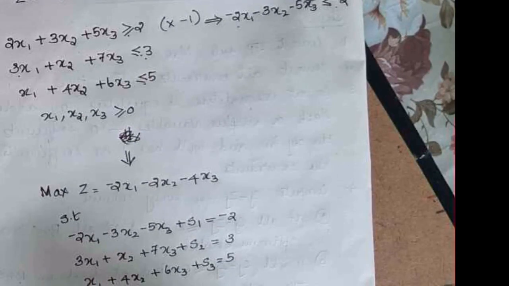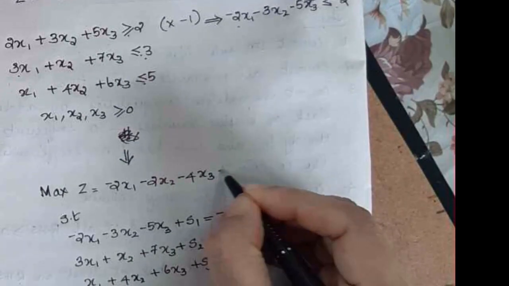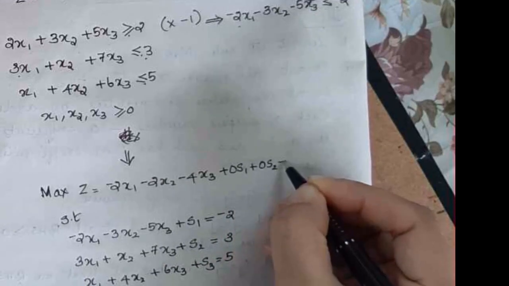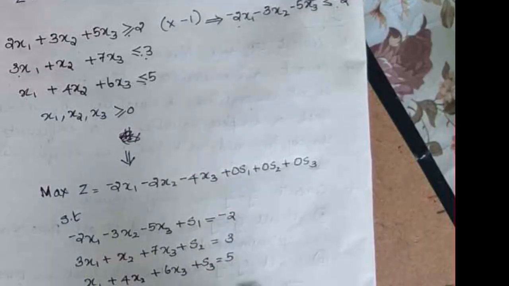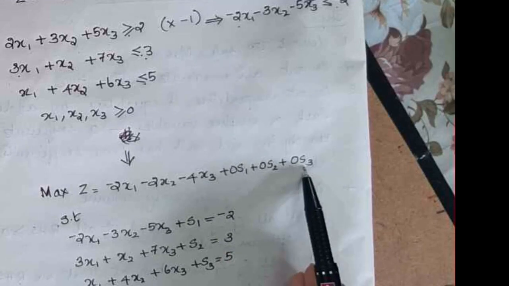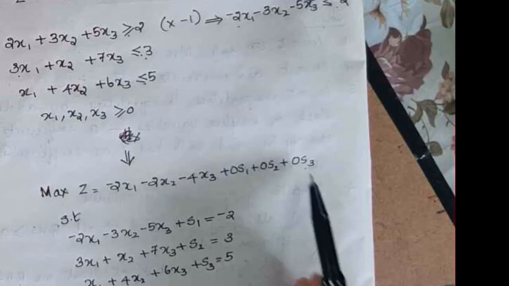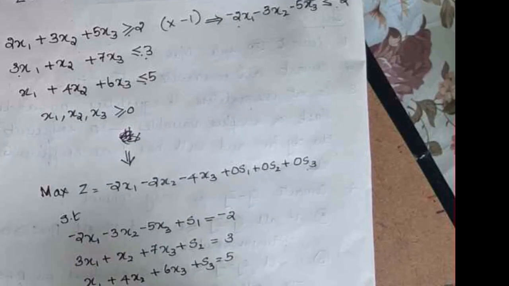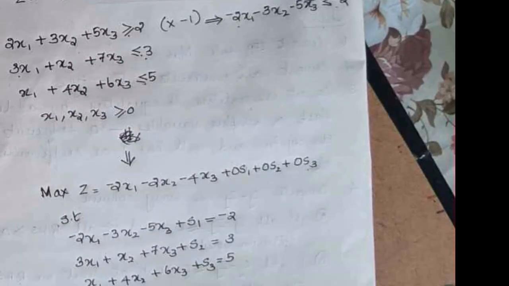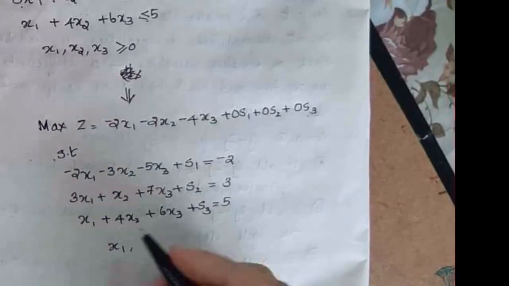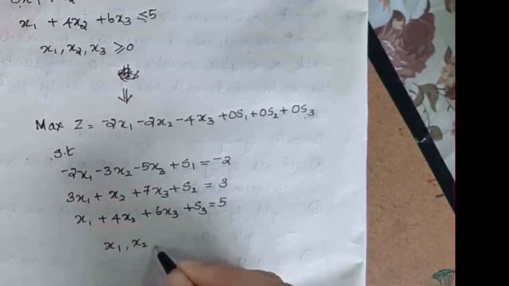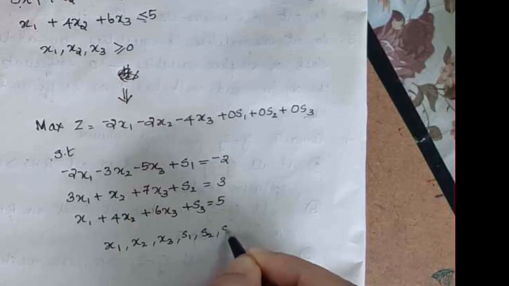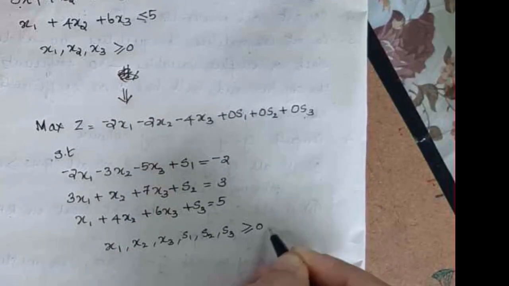So you have to add 0 s1 plus 0 s2 plus 0 s3 in the objective function, zeros for the slack variables, but in the constraints you will have 1 for the slack variables. So you write x1, x2, x3, s1, s2, s3 greater than or equal to 0.